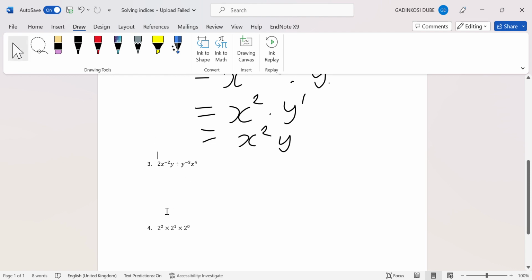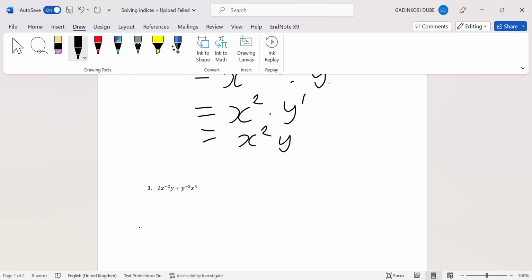Let's look at one that is a bit rigorous, a bit tricky. How do we solve number 3? If you're given a situation like this, you just do the same thing. It's very similar to number 2.